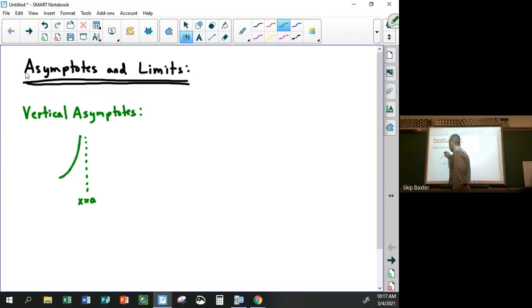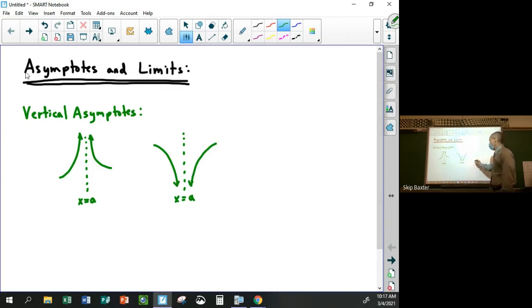The situation where it's going up from both sides, or you might have a situation where it's going down from both sides, like this, or you might have a situation where it's one of each, something like this, right? Those are the 3 situations.